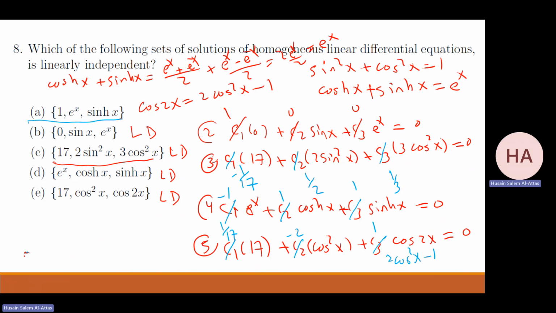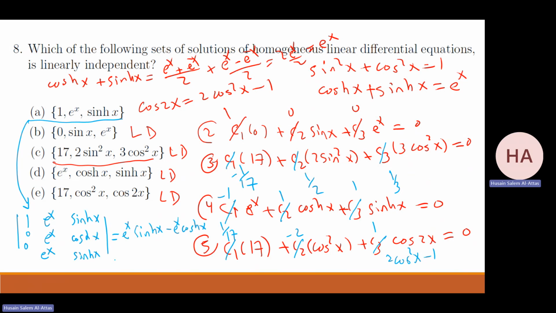And this one is very clear, it is linearly independent. And I can show it using the Wronskian, if you want a proof. No need for that, but if I want to show you a proof, I'll do this with this. So I have e to the power x sine hyperbolic minus e to the power x cosine hyperbolic.